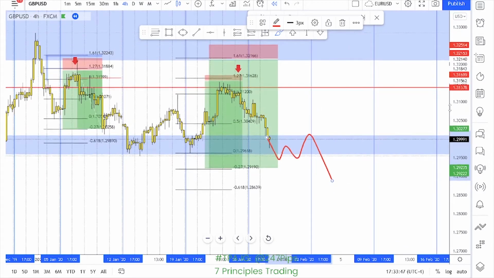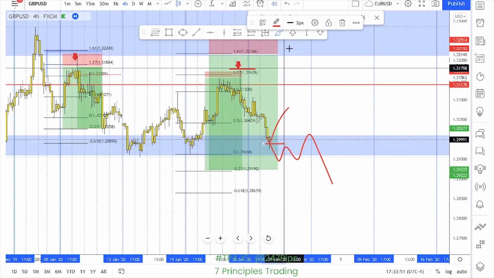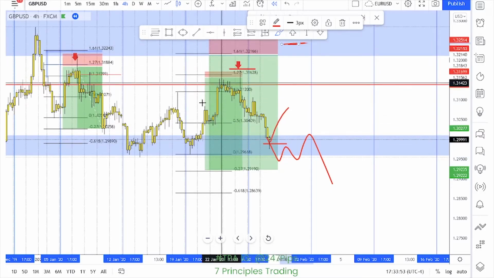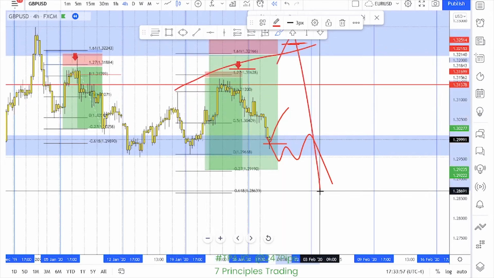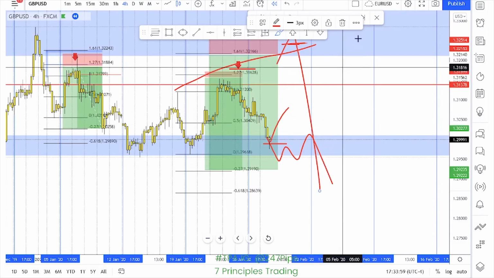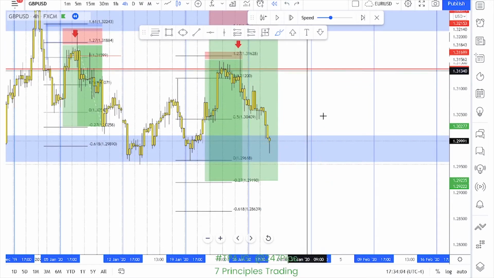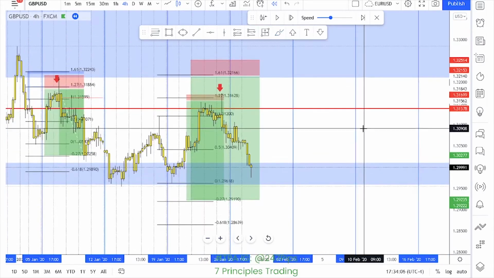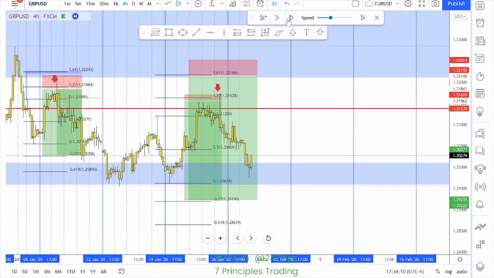Depending on if it goes up, we will have to measure this and the low, and maybe we'll have an extreme up here. Maybe we'll even have a trend line where we have an extreme push above and then continue back to the downside. So we just need to work with the scenarios of what the candlesticks are actually doing, and let's tick through. So I'm just going to leave it there.